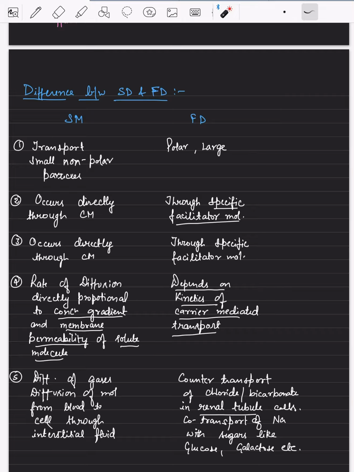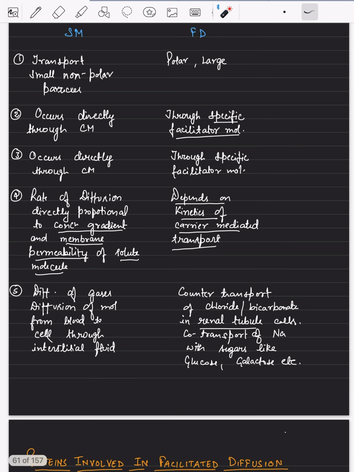The rate of diffusion is directly proportional to the concentration gradient as well as the membrane permeability of the solute molecule. Whereas facilitated diffusion depends on the kinetics of carrier mediated transport.